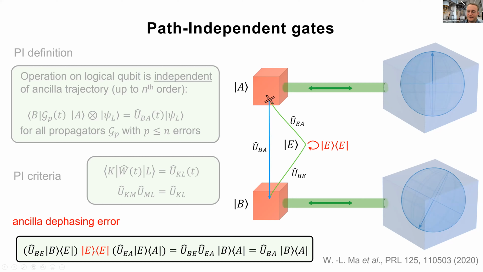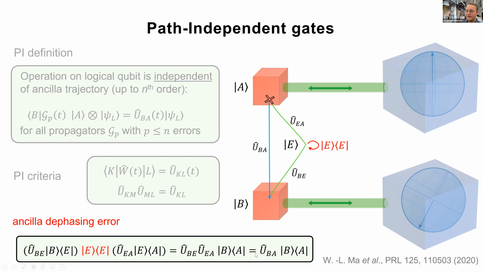Of course, dephasing means that the environment projects the ancilla to some eigenstate. Now, suppose you want to bring the ancilla from A to B, but the environment measures that your ancilla in the middle of the gate is in the state E. But that's okay, because the projection operator |E><E| acts trivially on the ancilla space, and U_BE times U_EA equals U_BA by the chain rule.